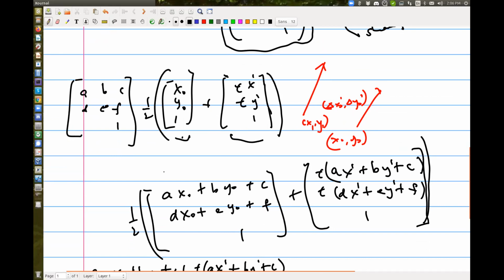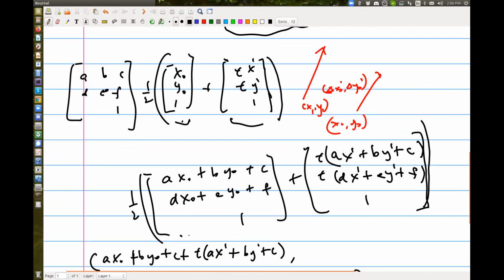If I multiply that by an affine transform, this direction part is not going to change, since x pi, y pi is the same. But the starting point can be different, so x0, y0, 1 will be different. This part only depends on the direction of motion, where I'm pointing. This direction is not going to change.